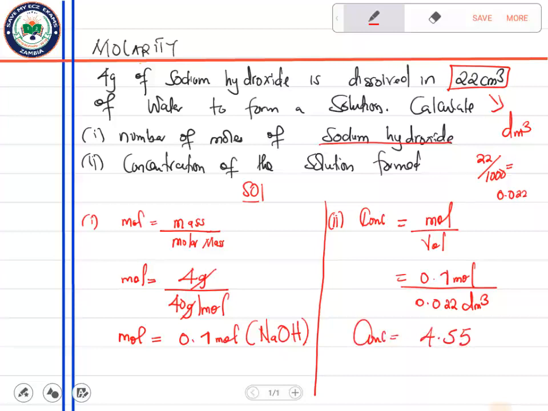I rounded off, there was a 4 at the end there. Mole per cubic decimeter. This is the concentration. Or you can just say 4.55 capital M, which stands for molarity.